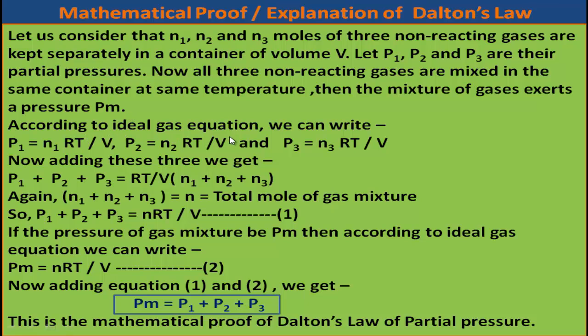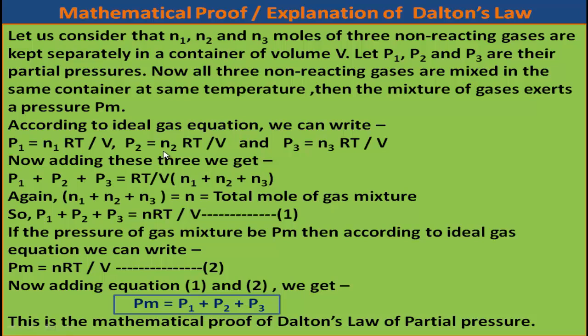Now, according to the ideal gas equation, we know that PV equals nRT. So, for sample 1, we can write P1 equals N1RT divided by V, because R, T and V, these three are constant for sample 1 gas.